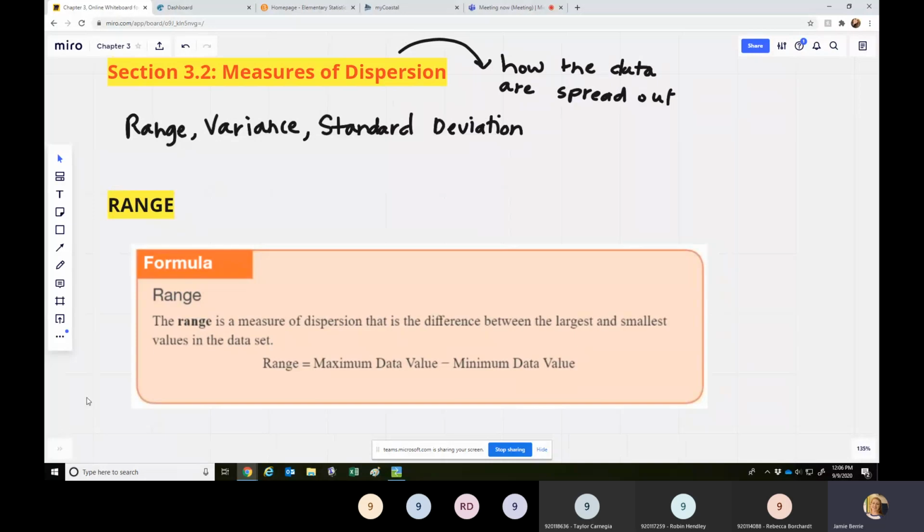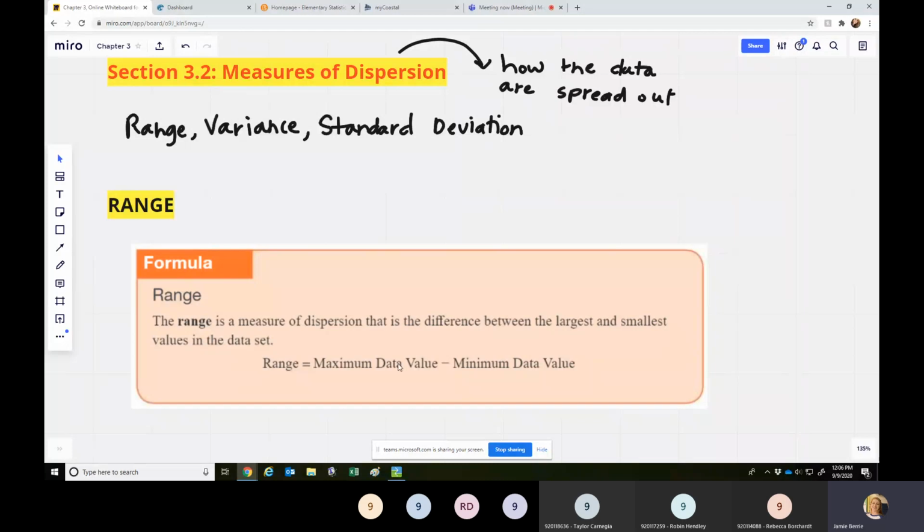Okay, so let's talk about the range. This is going to be the easiest one. Now, the range and the mode are the two things that your calculator will not compute for you, so you have to calculate the range. What the calculator will do for you is tell you the maximum data value and the minimum data value, and you can just plug them into this formula. But it's not going to have an output line that says range equals 2 or range equals 10.